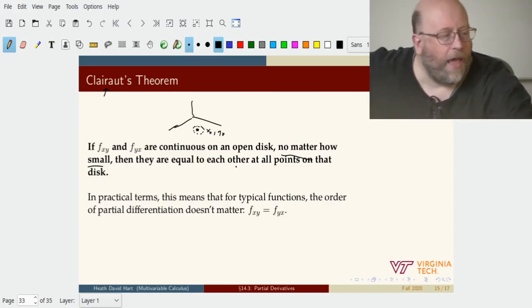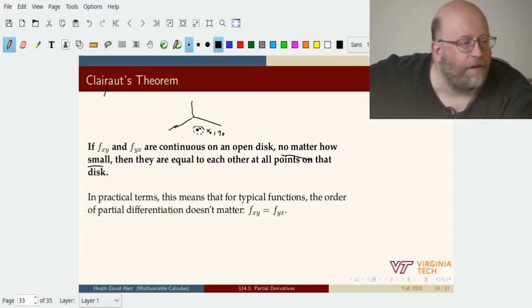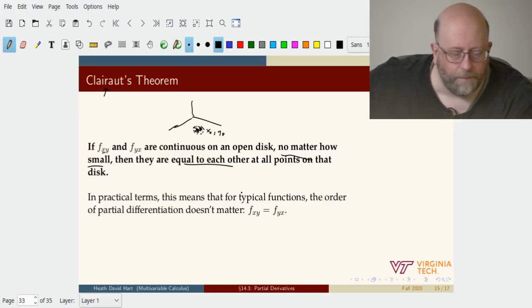Then, at least along that disk, the two partial derivatives will be equal to each other. So, any point that can be separated from these discontinuities by a tiny disk has this property.